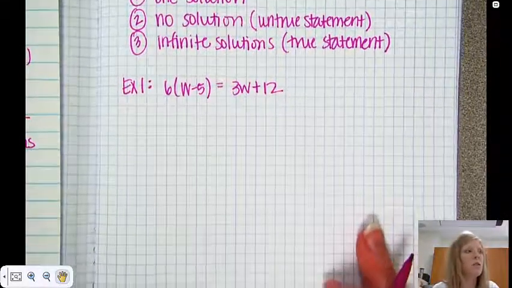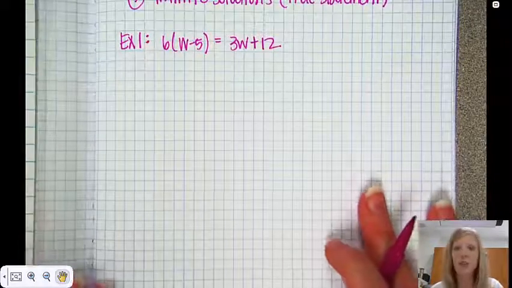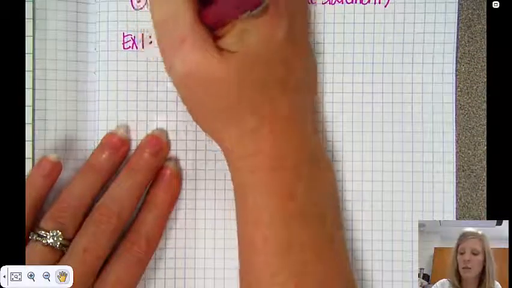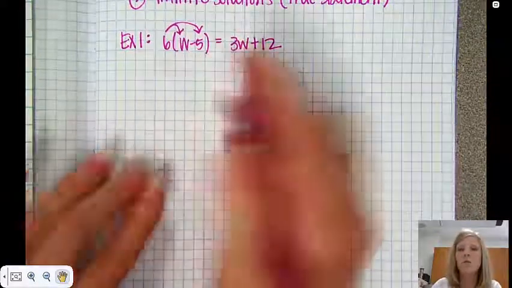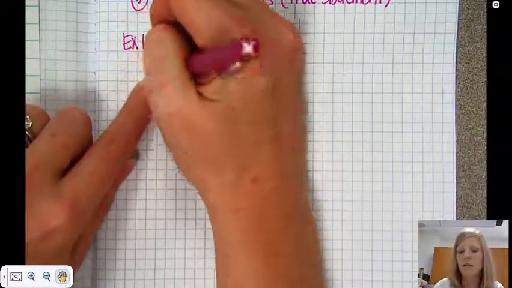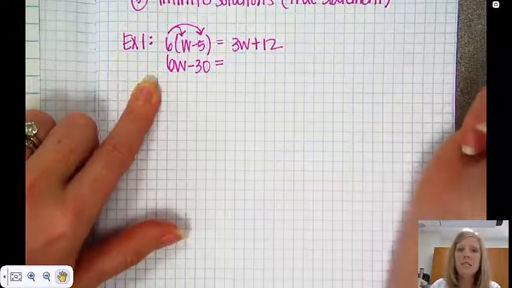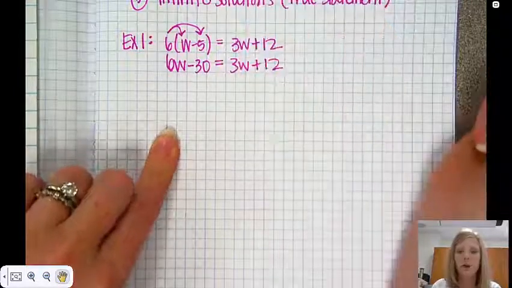I'm not going to go to the flowchart, but if you need to look back at it, please do so. The first thing we look for is parentheses or grouping symbols, and we have some, so we know we need to distribute that 6 to these two pieces. So 6 times w is 6w, 6 times negative 5 is negative 30, and that's going to equal, and we're going to bring down the 3w plus 12.